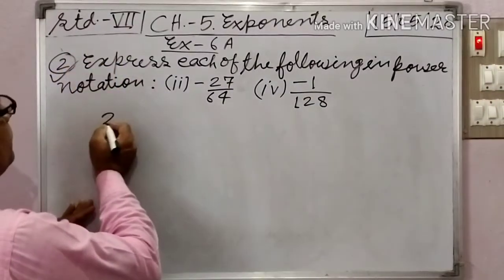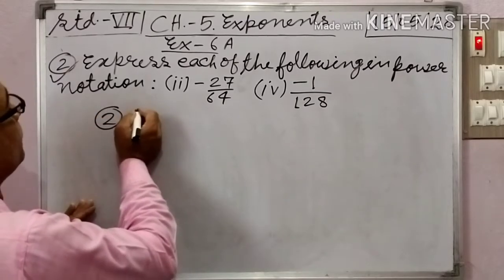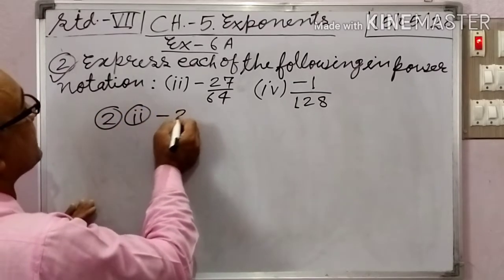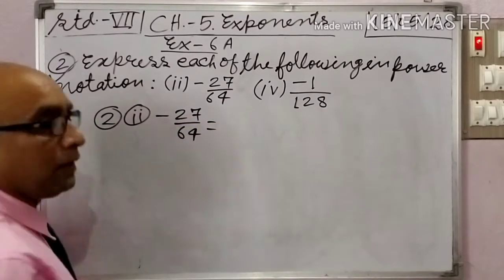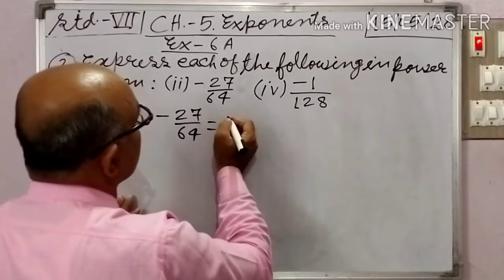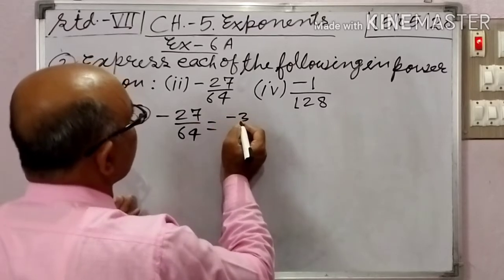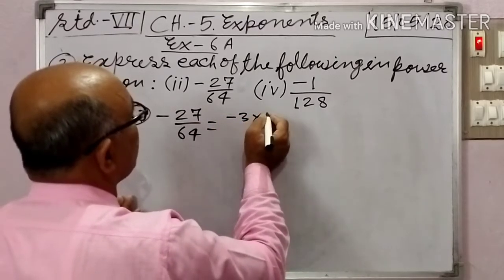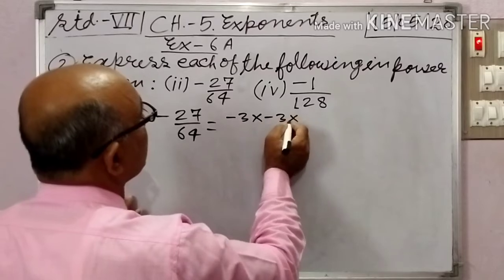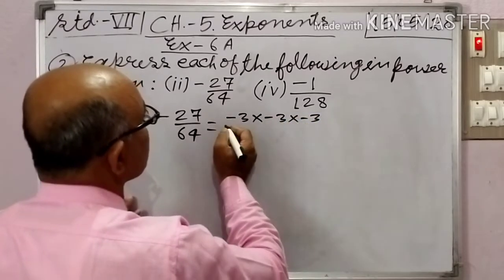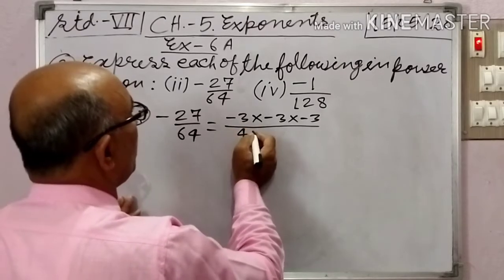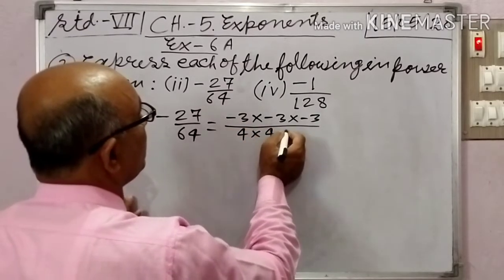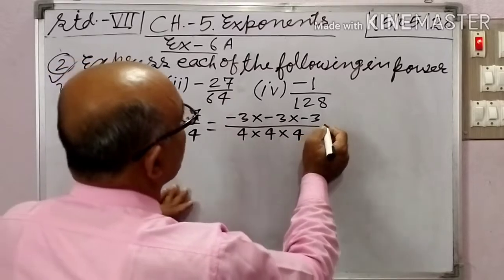So question number 2 is minus 27 by 64. Minus 27 means minus 3 into minus 3 into minus 3. 64 means 4 into 4 into 4.